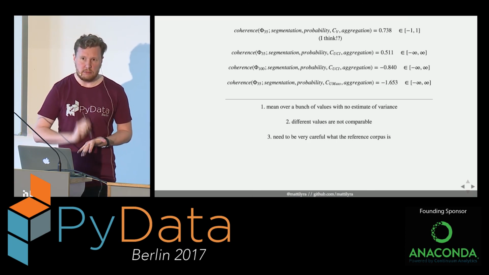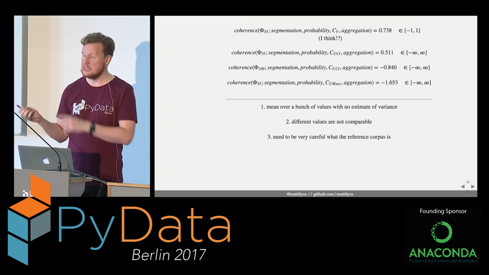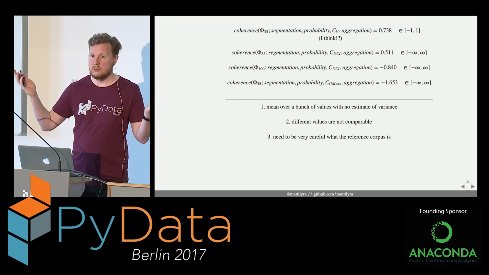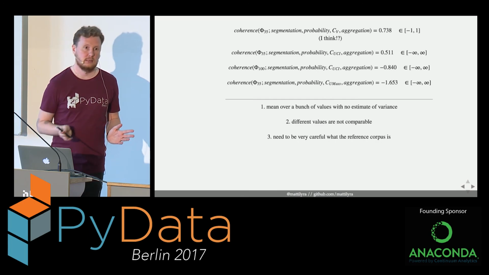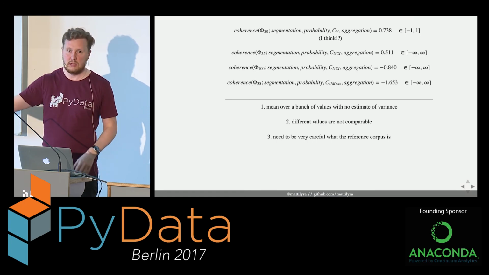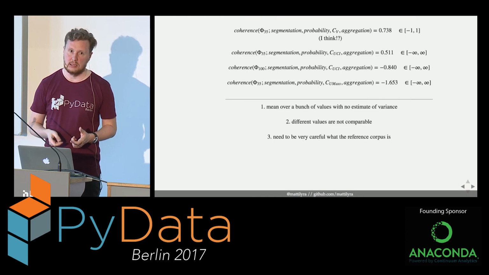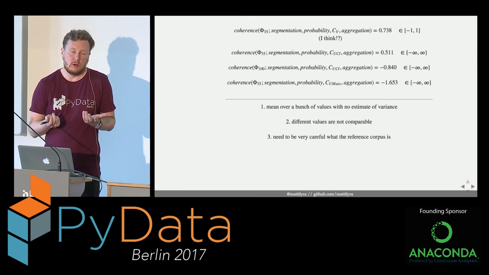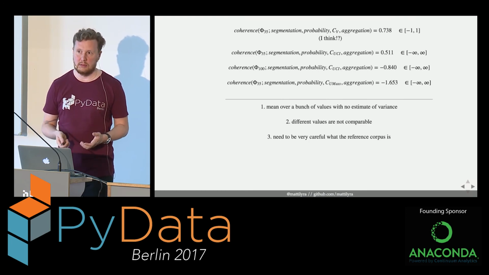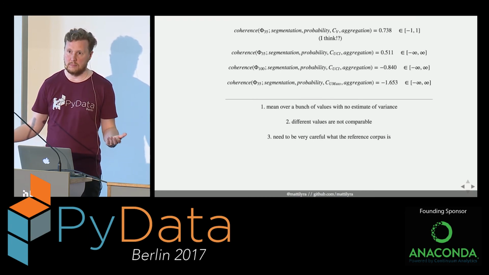You need to be really, really careful what your reference corpus is. You're measuring the probabilities that are fed into this confirmation measure from a reference corpus. Now, if you're just doing Wikipedia, you're probably fine. You have enough data on Wikipedia to do an 80-20 split and use the 20 as your reference corpus, for instance. But if you're doing some domain-specific thing, like topic modeling on legal documents, there tend not to be that many legal documents openly available, and the data sets that you might have may not be big enough for you to split them.